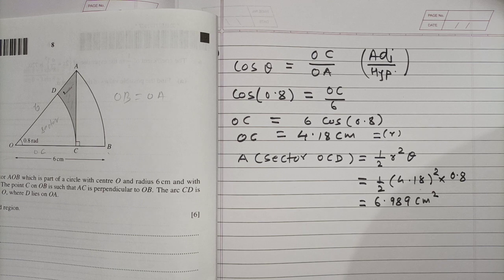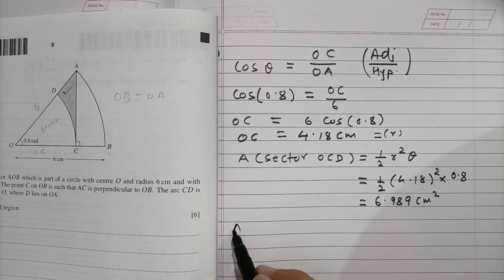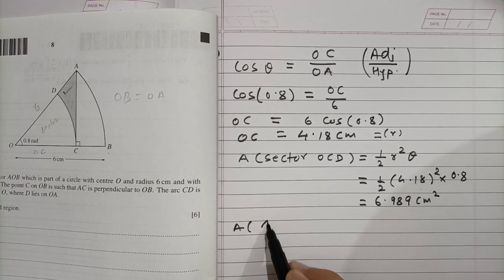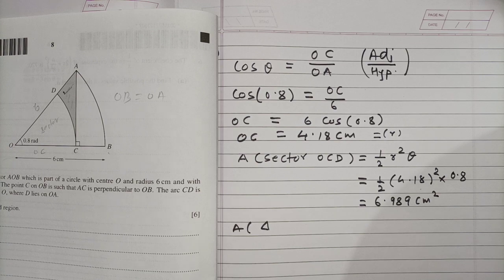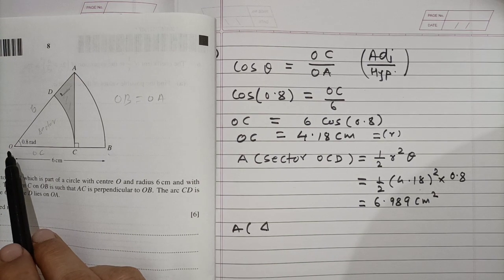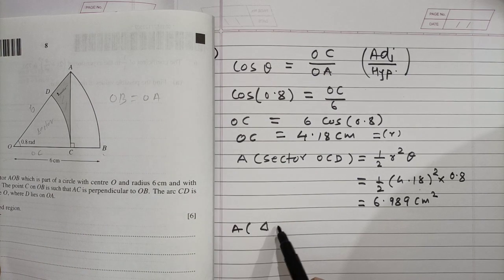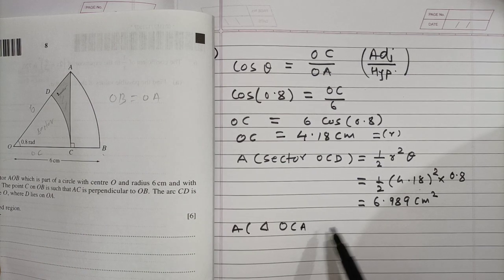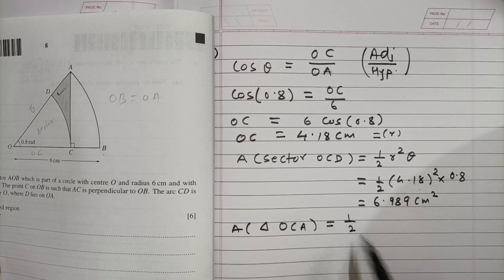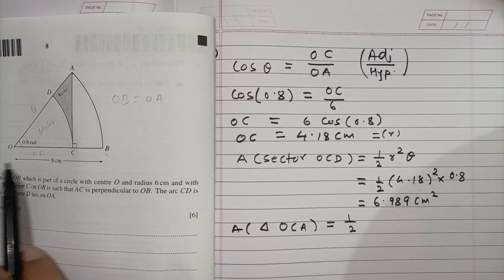Next we want to find the area of that triangle. So the area of this triangle OCA is equal to half base into height.